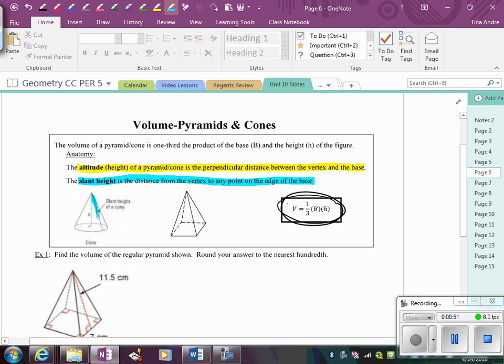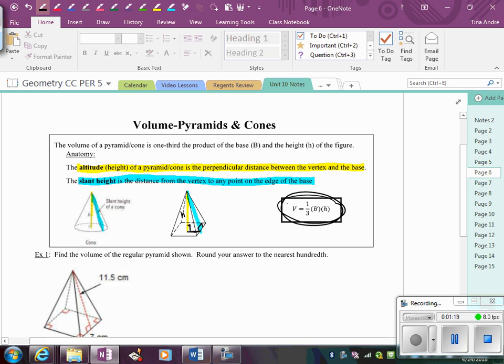So this right here would be the slant height in both. And then the height or the altitude of the cone or pyramid goes from the vertex and it's perpendicular to that base. So remember, slant height is not perpendicular to the base. If you look in this pyramid, the slant height is the height of this triangle. So it's not the height of the pyramid though.